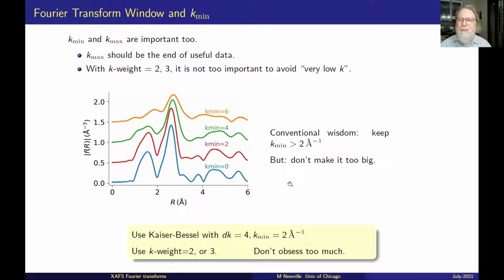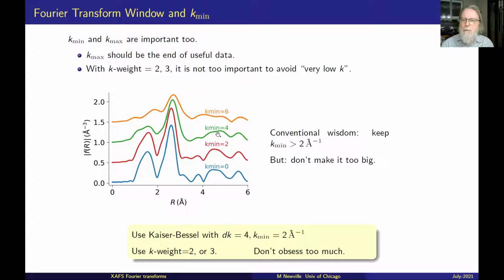Finally, for Fourier transforms, I think k-min and k-max are also important. So you can also make a similar effect on what the relative weight of oxygen and iron are in this spectra by changing k-min. So if I set k-min to 0, I get this spectra. There's some little ripple. It's probably not great. K-min of 2, it doesn't look too noticeably different.